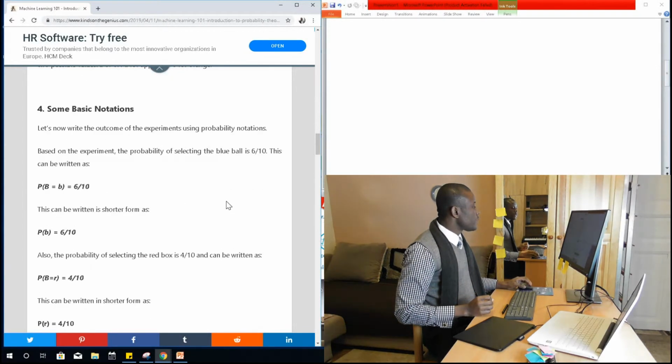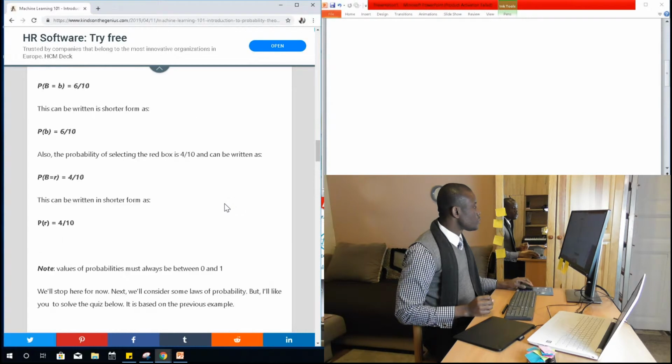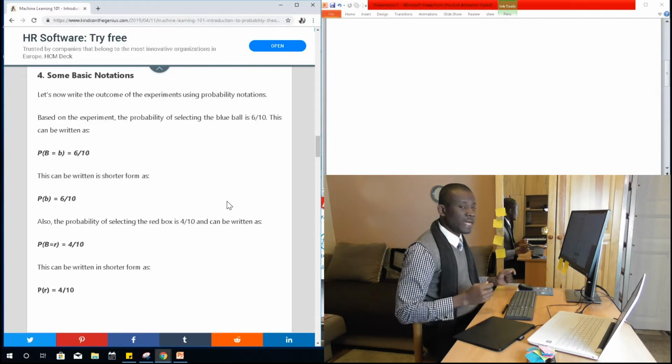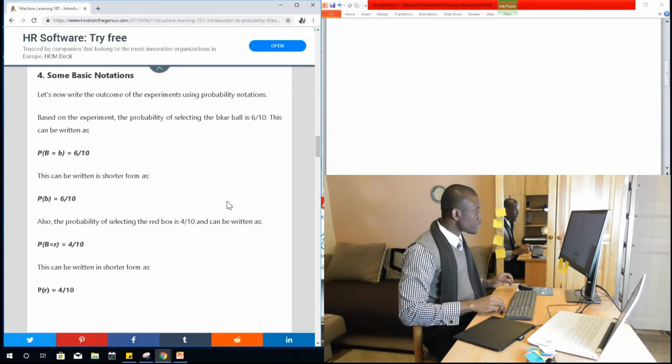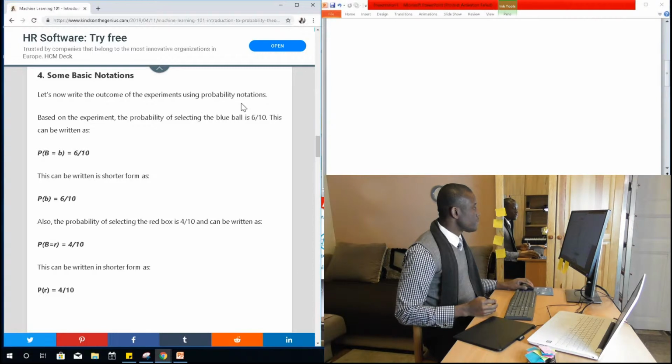So in this case, we are now ready to use some notations to represent random variables and probabilities. And this is the important part I want you to pay attention to. Let's write the outcome of the experiment using probability notation. Based on the experiment, the probability of selecting a blue box is 6/10.